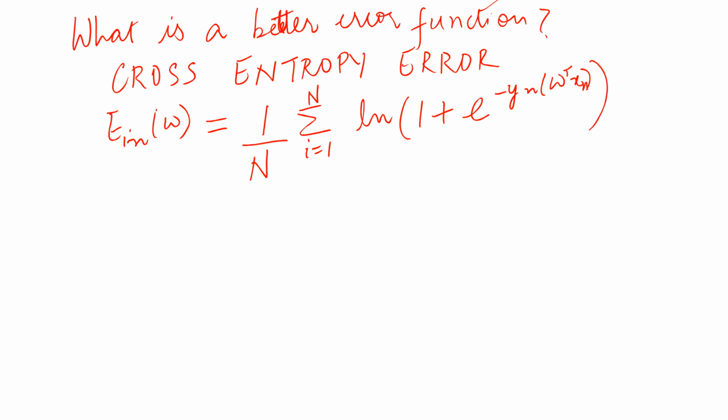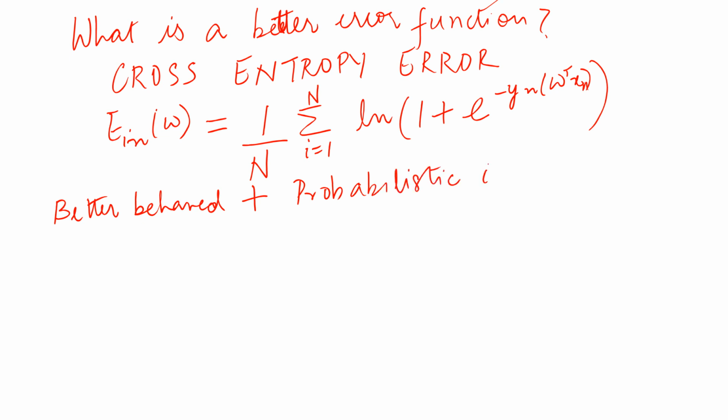It has a better behavior, better behaved, I would say. And plus, it has a probabilistic interpretation, which was more important to us, right? And obviously, we are going to derive it. Okay, so let us begin.